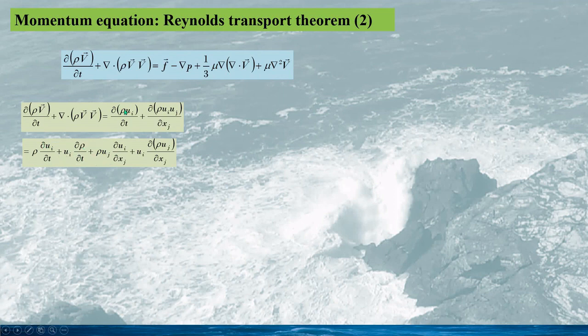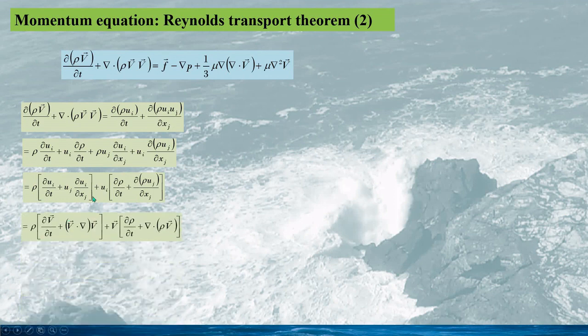So the first two terms come from the first partial differentiation, and the last two terms come from the second partial differentiation. For the other terms, we can obtain the expression as this.